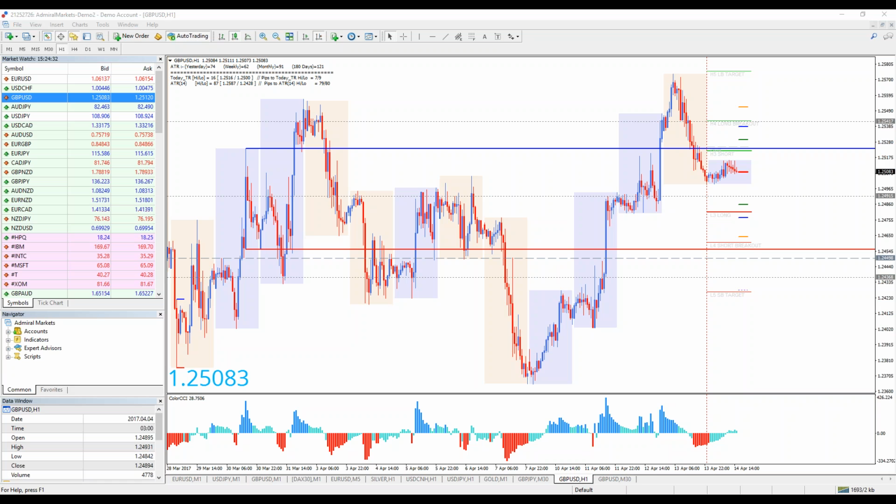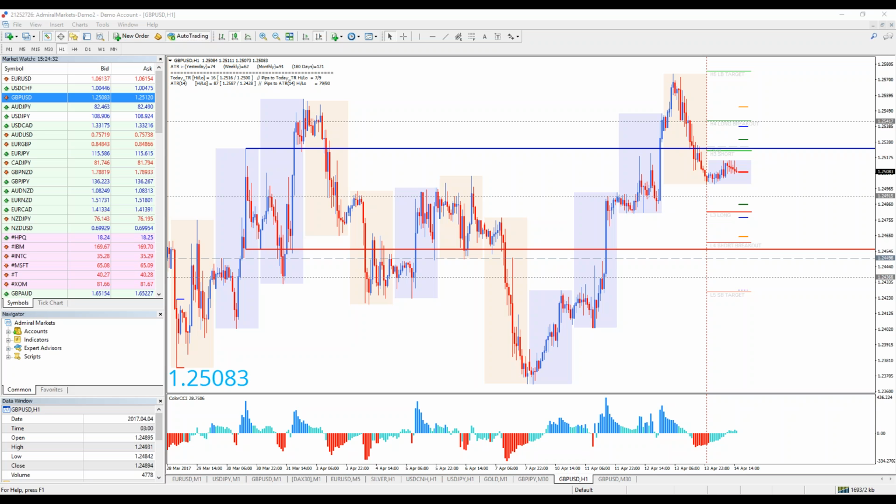It means big resistance or big support. Now, if we want to see rejection from a resistance, then we need to use so-called divergence.